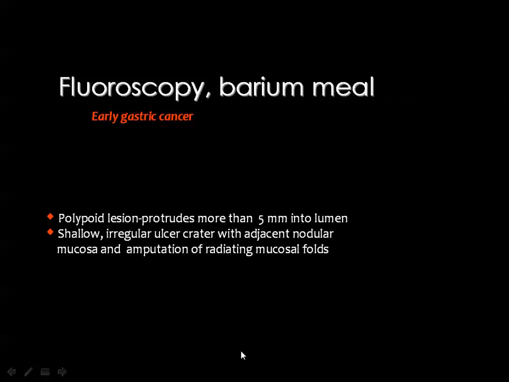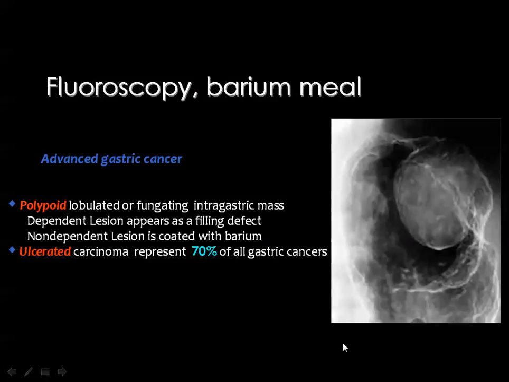Then the appearance of early gastric cancer may be in the form of a small ulcer with the mucosal folds not reaching the edge of the ulcer, or you see a small bulbous lesion, which is most commonly sessile and associated with localized mucosal thickening.